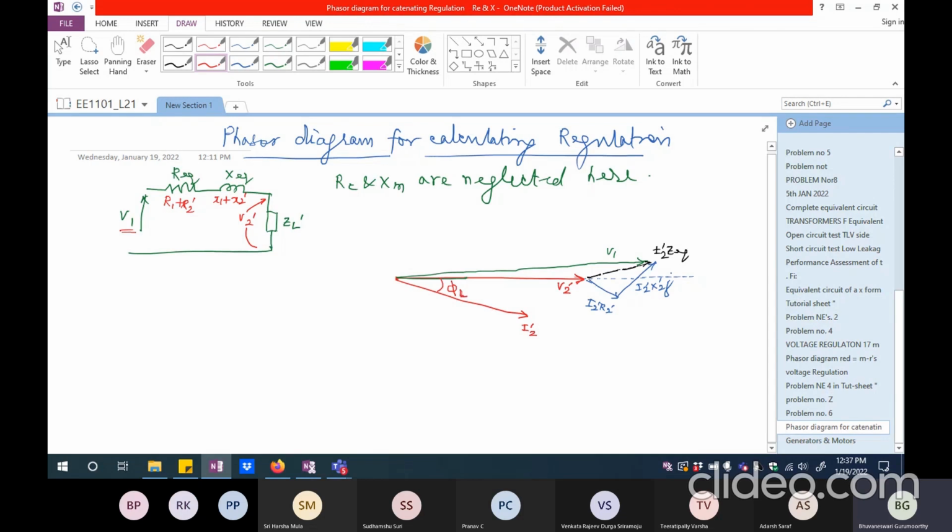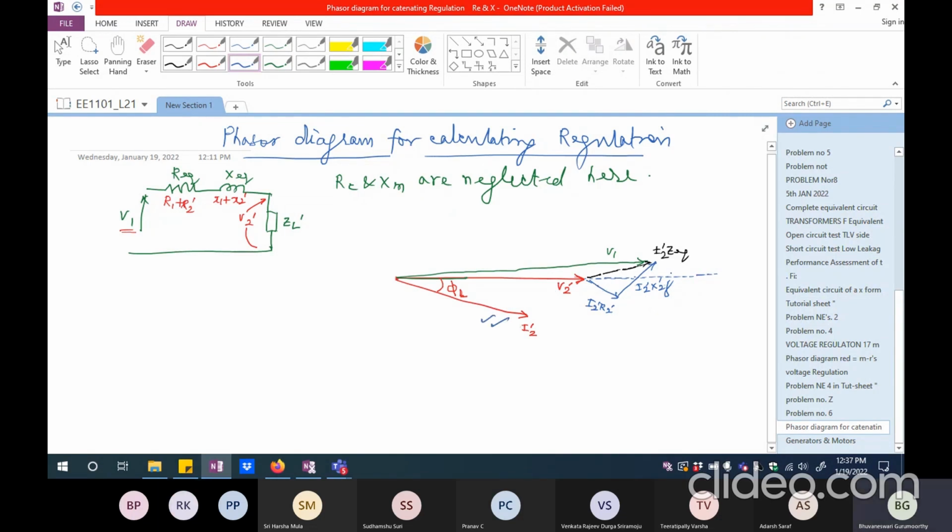Now, if I extend this particular V2 dash further, I can just draw it like this with the dotted line. Along with that, I'm going to draw I2 dash times R2 dash, which is going to be in phase with this I2 dash. These two things are going to be in phase with each other.